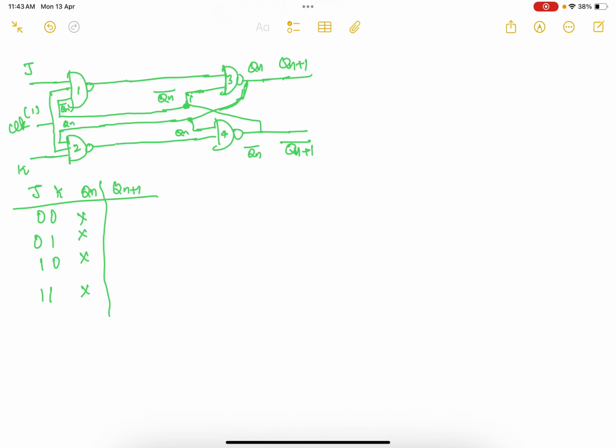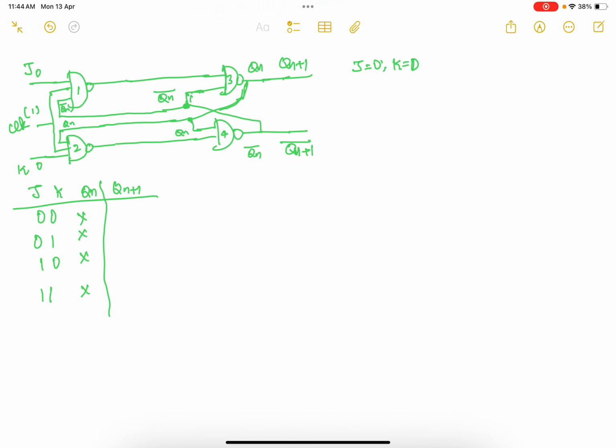So for the first condition, we will go with J equal to 0 and K equal to 0. Both are 0 and 0. So what will happen to the output at gate 1?